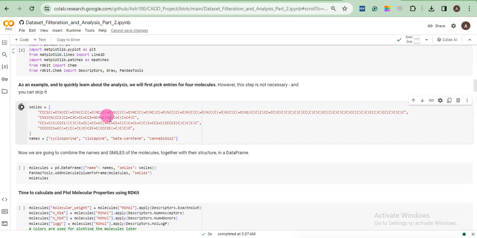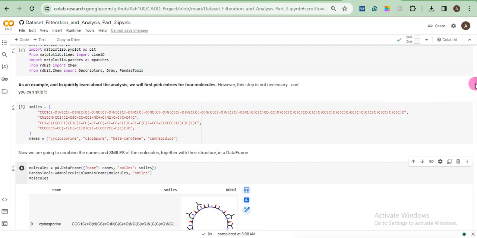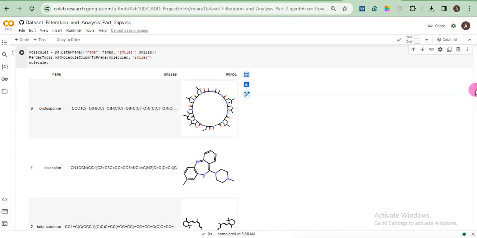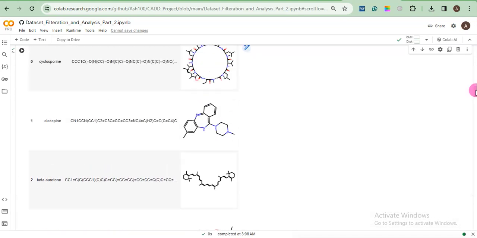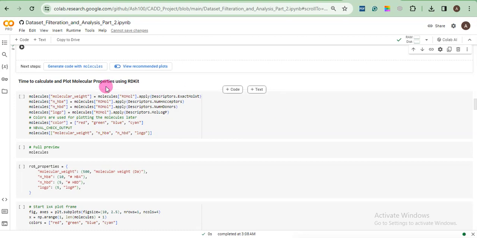I ran this cell, and I just incorporated the SMILES with the structures. So these are actually these 4 structures. We will work with them initially.